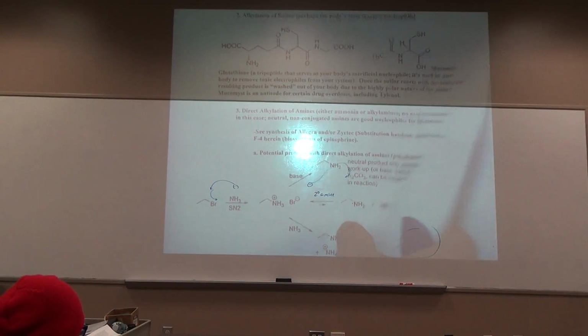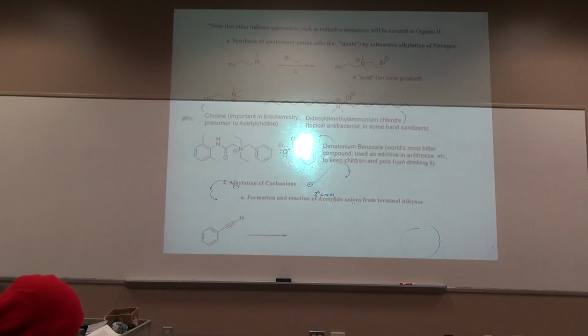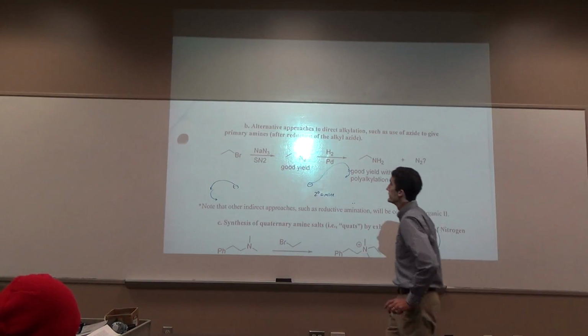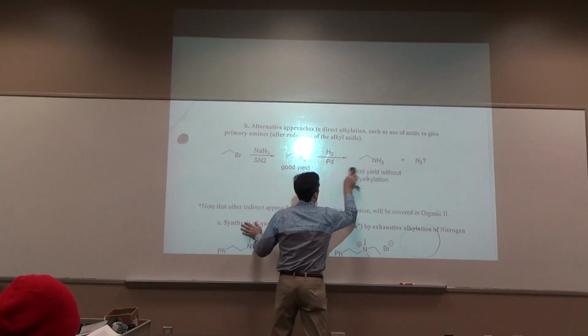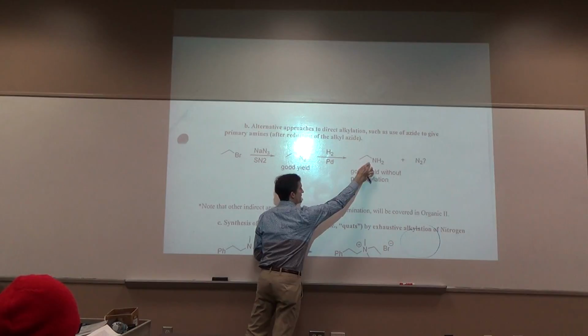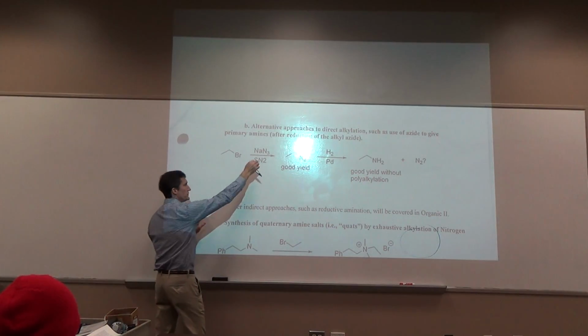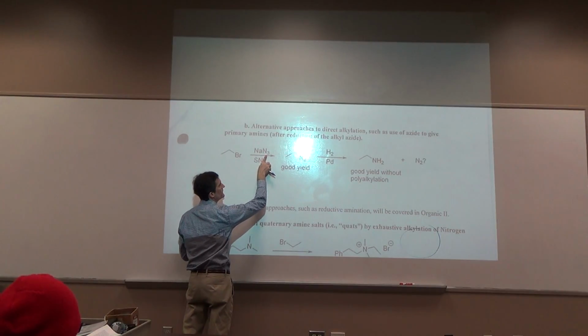And thus, sometimes we see indirect routes. This is an indirect route to make the same product, but without getting polyalkylation. It makes use of azide. What's the charge at N3 here?